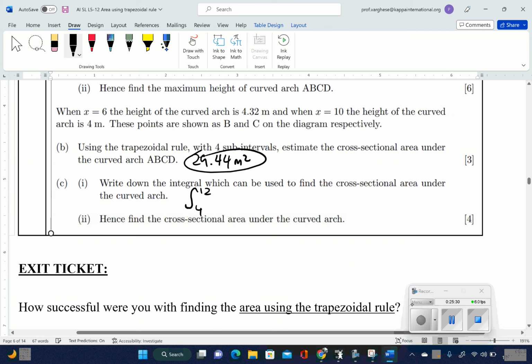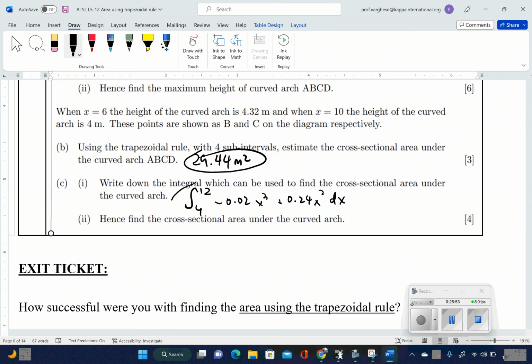We're almost done. We're going to write down the function which they gave us, which is negative 0.02 x to the third plus 0.24 x squared, and then we have to put dx. So you take this whole thing, that's our answer for part C-I.